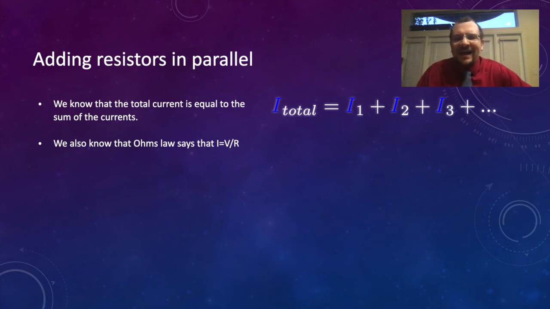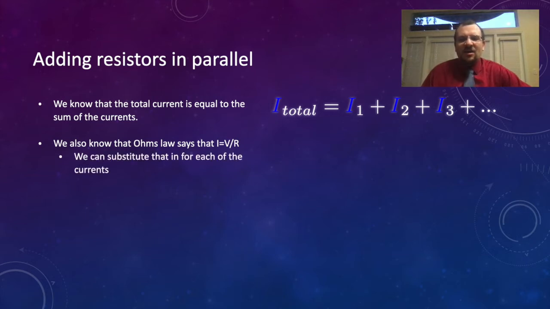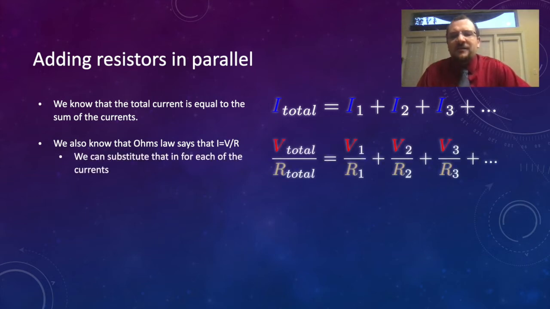So we can plug that in for all of the currents in our equation, and we get that the total voltage divided by the total resistance is going to equal the voltage across number 1 divided by the resistance of number 1, plus the voltage across number 2 divided by the resistance of number 2, and then you get the idea.